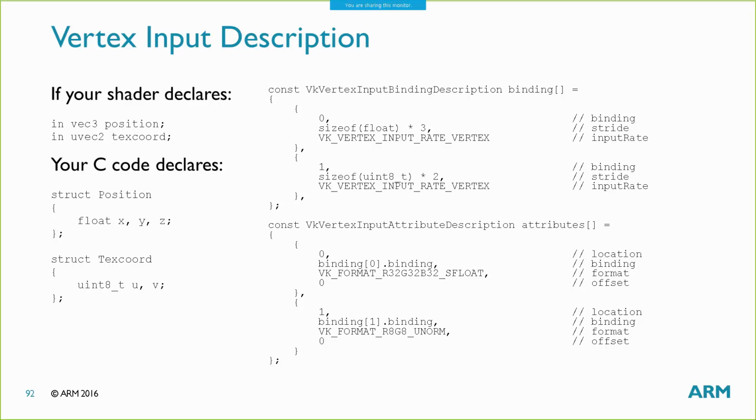The structures allow you to say, I've got one buffer that has an array of vec3s in it, and another buffer that has an array of, what would they be, uvec2s, I think, in GLSL. You pass this information into the pipeline at creation time, and the pipeline is prepared for 2 vertex buffer bindings, and it expects to find those attributes as they're described there.